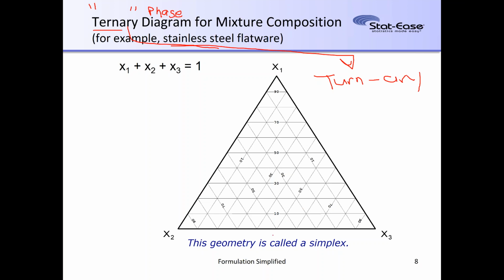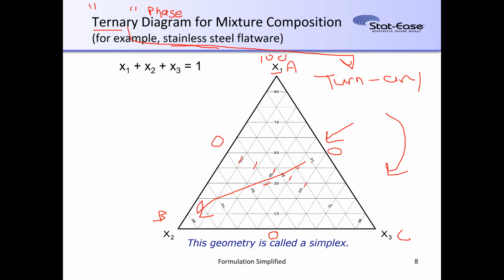To start with, we can look at it straight up from 0 to 100% at the opposing apex, and that would be ingredient X1 or A. But now we have to turn our attention to this side of the triangle at 0 of X2, which is B, and then we can see the rulings coming out here, 10, 20, 30, etc., going in that direction. And then finally, we turn it one more time to this left side, which is a 0 of X3, which is C, and then we see the rulings coming out on that.